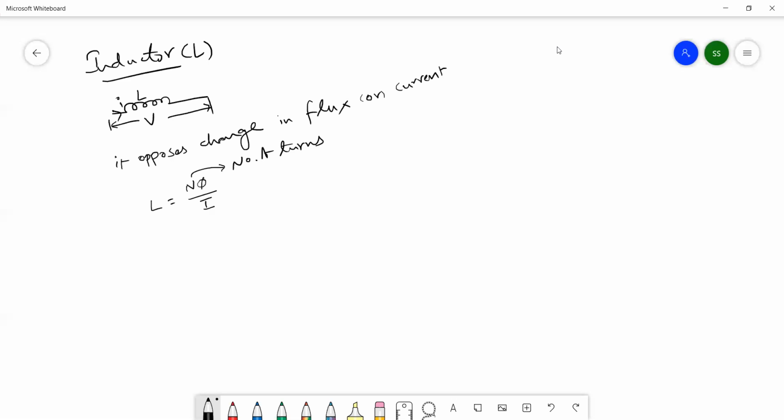I will give the definition once again. It is the property of a circuit element by which it opposes the change in flux, or it can also be defined as the ratio of flux linkage to the current passing through the coil.